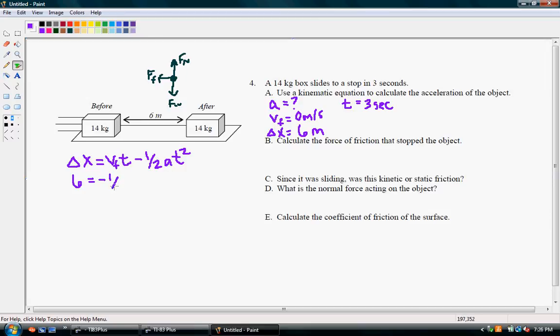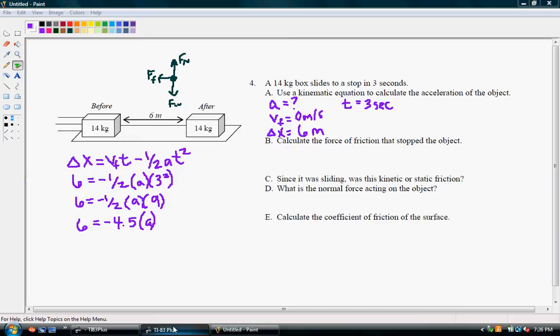So we have negative 1/2 a 3 squared, because 3 is our time. So that gives us negative 1/2 a, and then 3 squared is equal to 9. 9 times negative 1/2 is negative 4.5, and we're still multiplying that by acceleration.